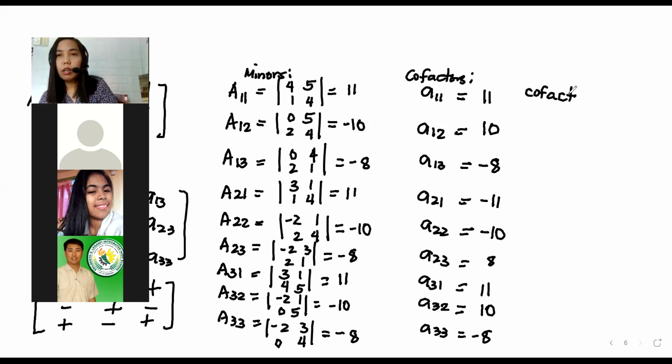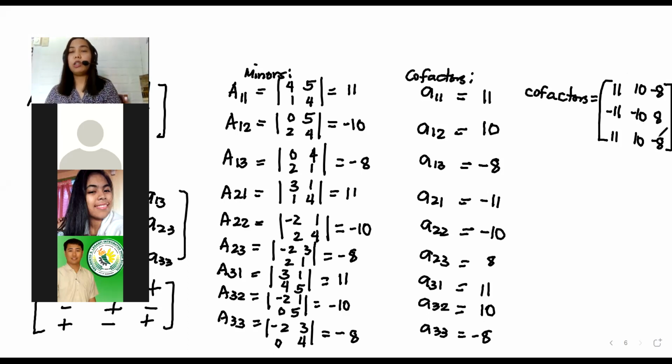So ang cofactors natin, 11, 10, negative 8, negative 11, negative 10, 8, 11, 10, negative 8. Double check again. 11, 10, negative 8. Row 1, row 2, negative 11, negative 10, 8. Row 3, 11, 10, negative 8.